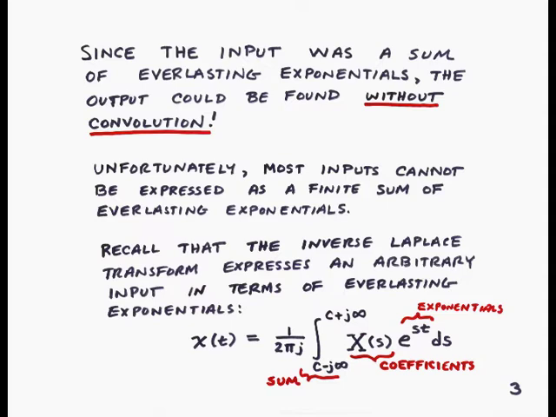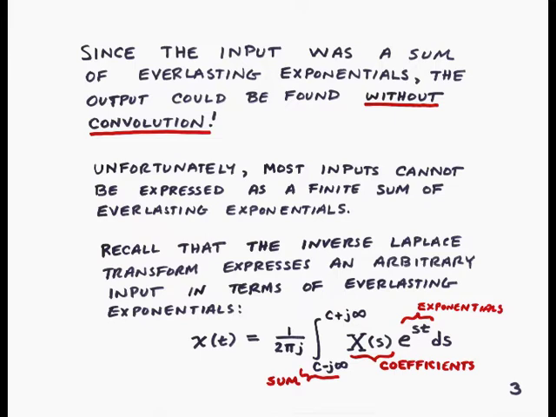Now, most inputs cannot be expressed as a finite sum of everlasting exponentials, but we know from our expression for the inverse Laplace transform that we can create an arbitrary input as the sum of everlasting exponentials as long as we use an infinite number of everlasting exponentials. That is, we're using an integral.